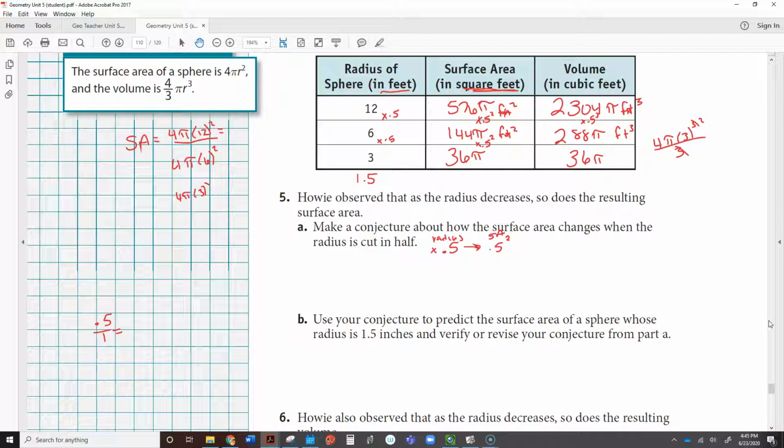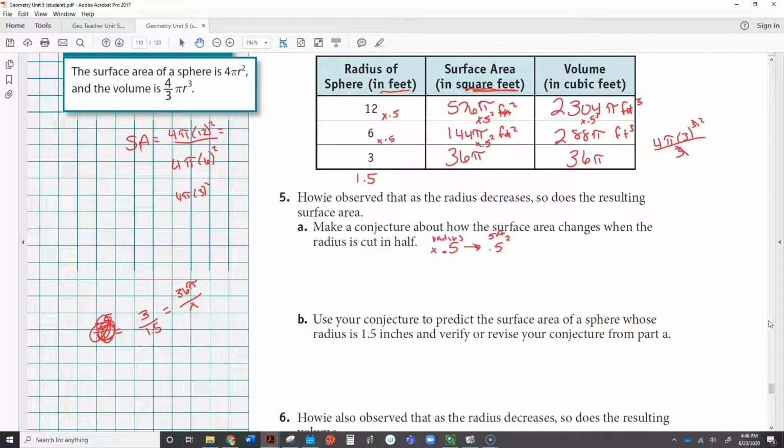Well, let's do it like this, this would be easier. You do 3, which is the length of the radius, over 1.5, which is the length of the new radius, and we say that that's equal to 36 pi. That's the surface area of the one with 3. So what's the surface area of the one with 1.5 going to be? You cross multiply and divide, and you get the answer.